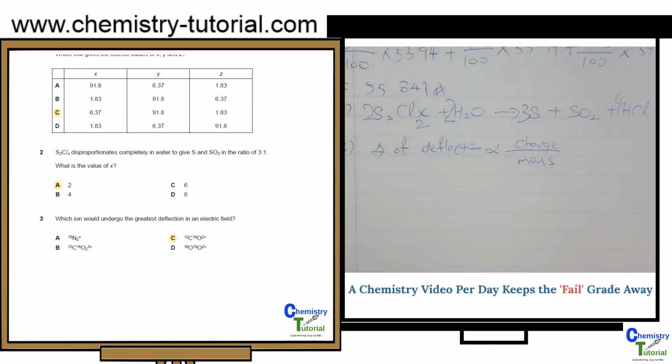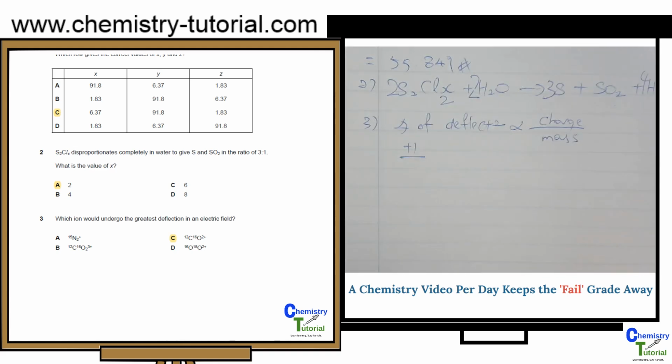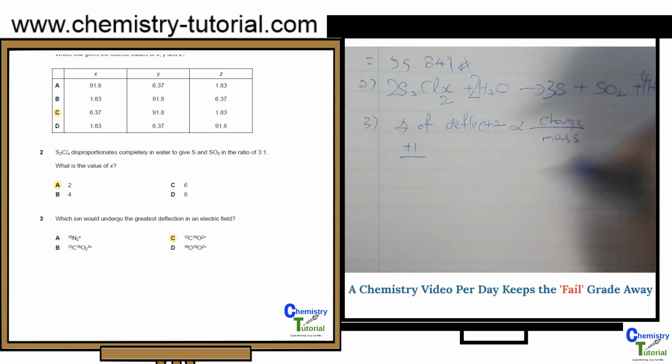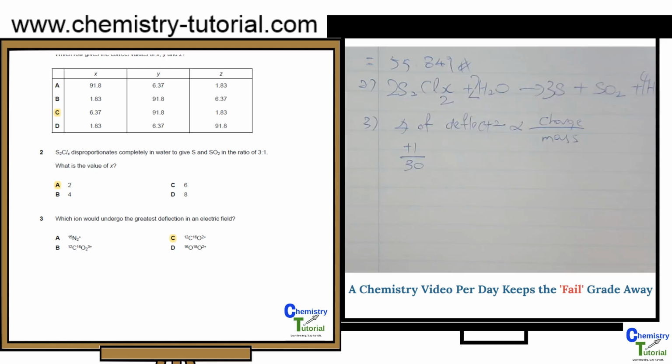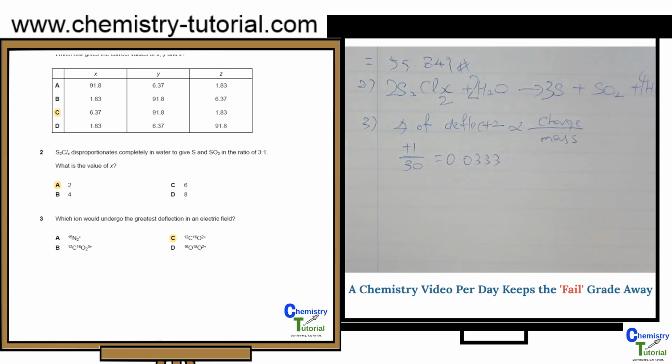So if you look at option A, the charge is +1. The mass is 30 because 15 times 2. So let's compute the values. So 1 divided by 30, so we get around 0.0333. That's for option A.